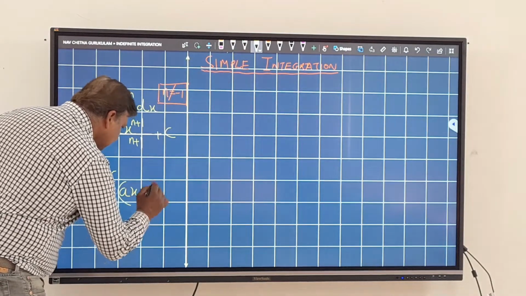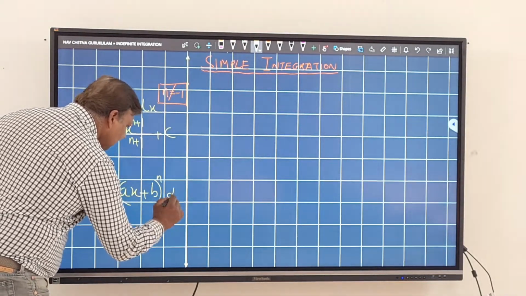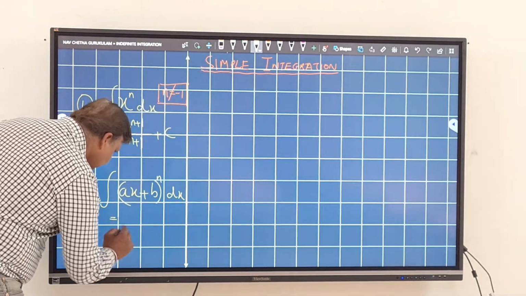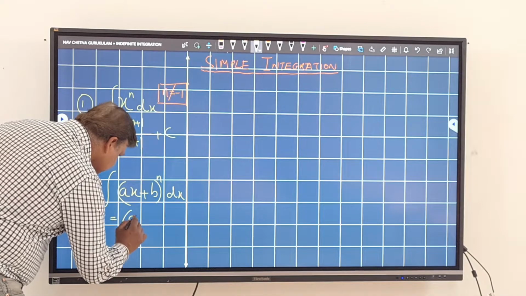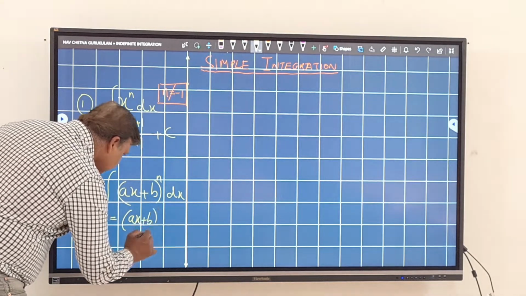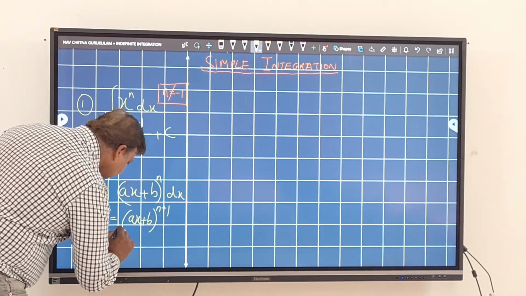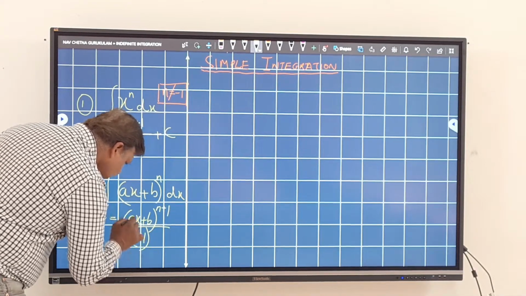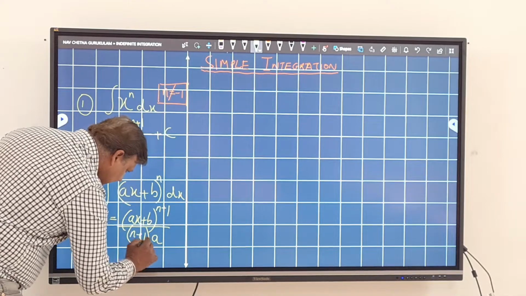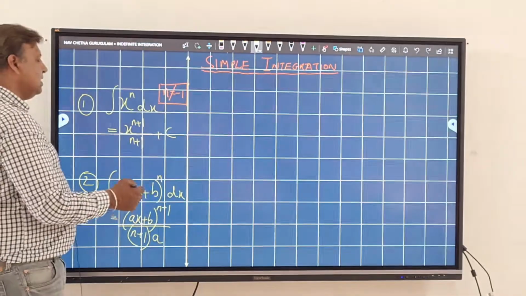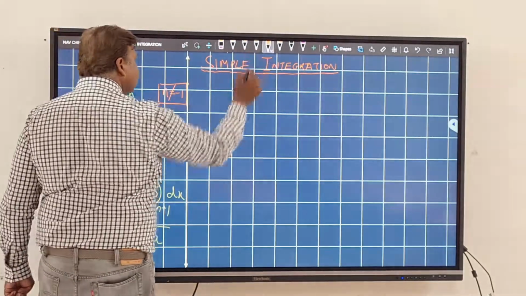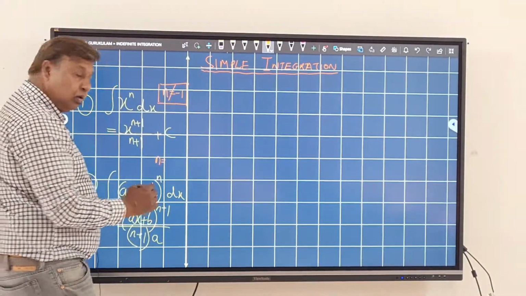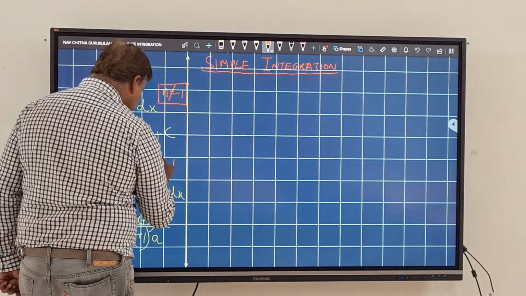Again students, a and b are arbitrary constants. So the integration would be ax plus b raised to power n plus 1 upon n plus 1 into the coefficient of x, that is a. And that again is not valid for n equal to minus 1.